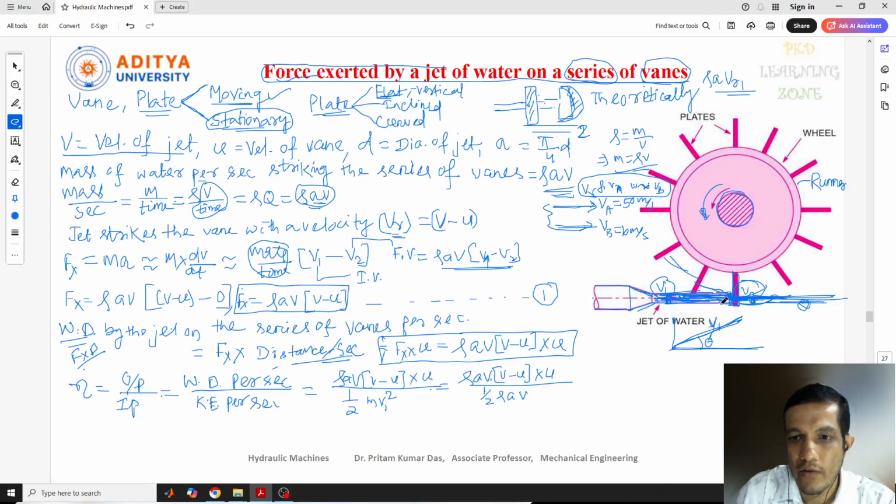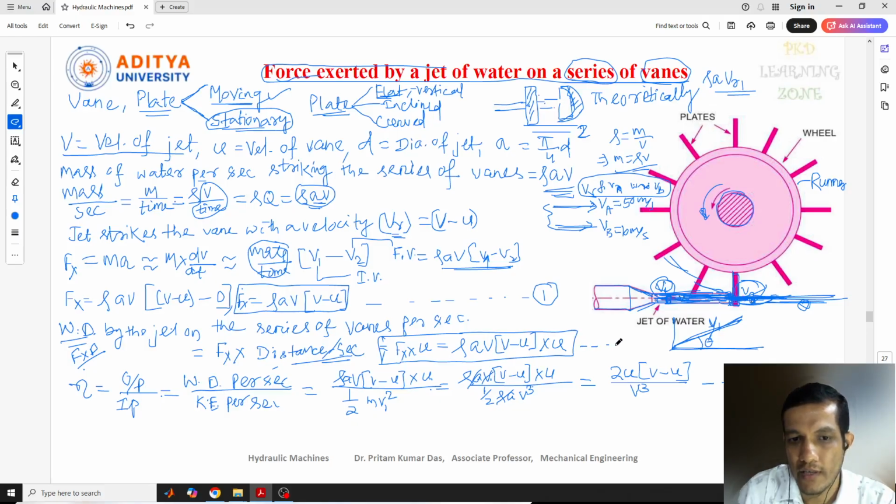Here v1 or v2 is not needed, we only consider v. Cancelling rho a and v, only a square remains. So we can write 2u (v minus u) divided by v square. This is our equation number 3.